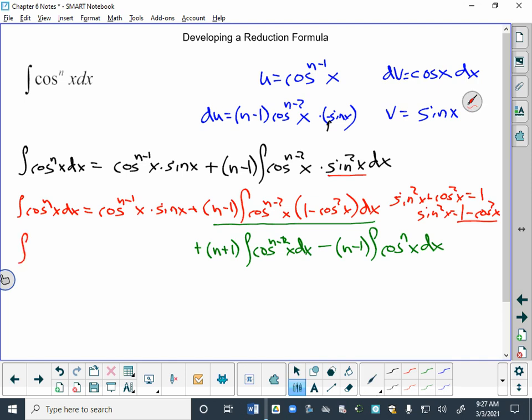That, again, is the integral of cosine to the nth x dx, cosine to the n minus 1 x times sine x plus that.